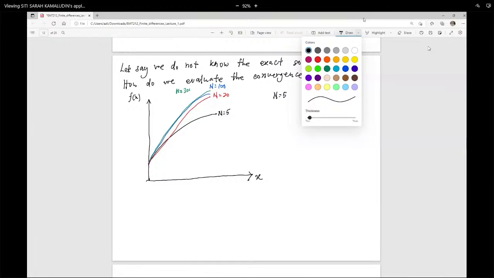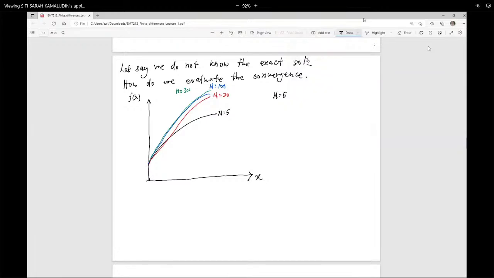So by this, we can also evaluate our convergence. Okay, so in numerical methods, more points to use may mean higher accuracy.